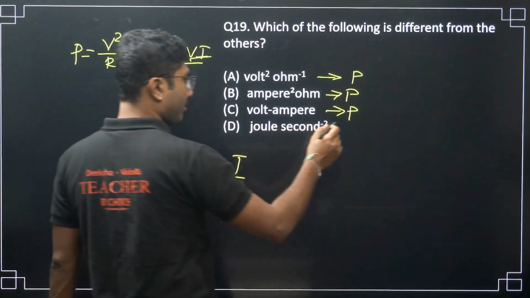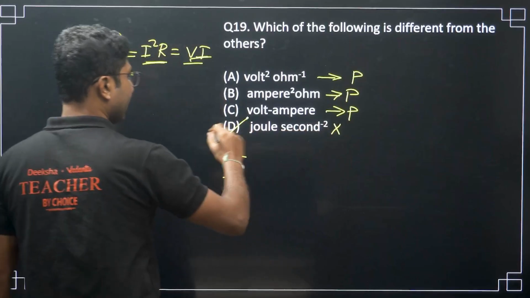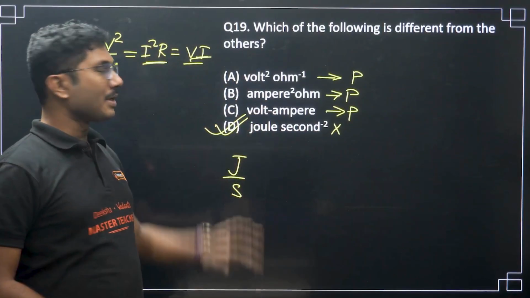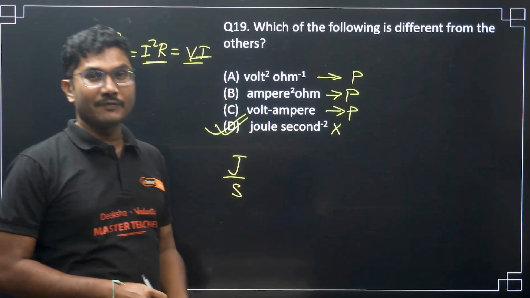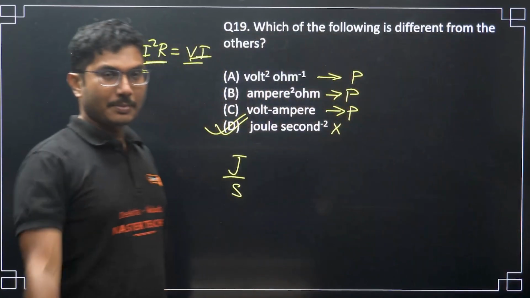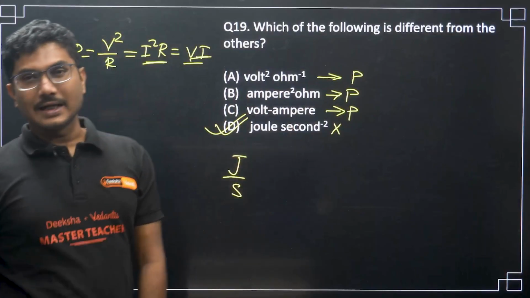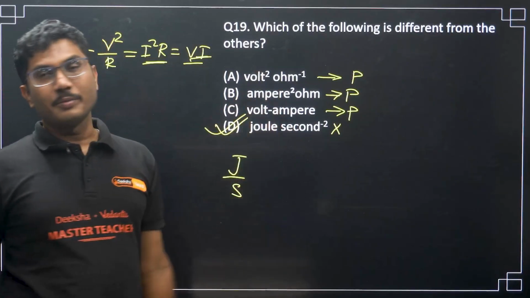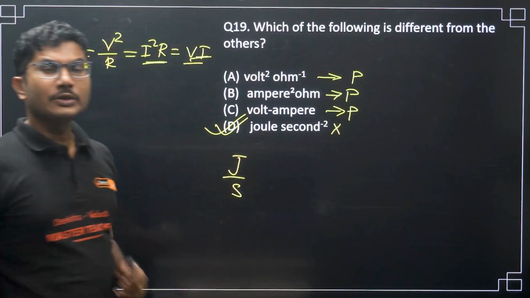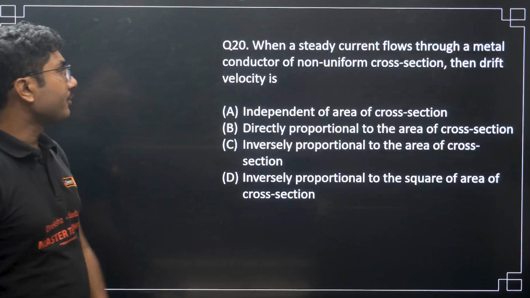So this is not power, so this is the different one. Now this is anyway an easy question. You can identify that three of them are related to current and one appears to be different. But if the question paper setter is smart, he will keep one of the volt ampere combinations as a wrong option. So be careful about this type of question.